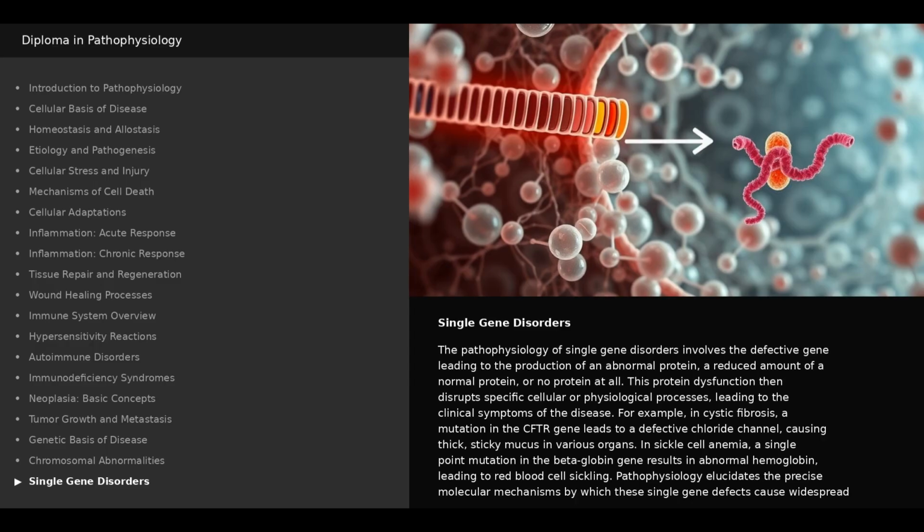In sickle cell anemia, a single point mutation in the beta-globin gene results in abnormal hemoglobin, leading to red blood cell sickling. Pathophysiology elucidates the precise molecular mechanisms by which these single gene defects cause widespread systemic effects, guiding targeted therapies.